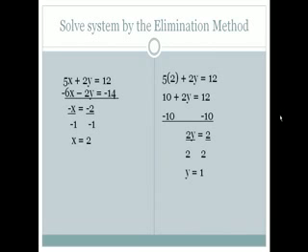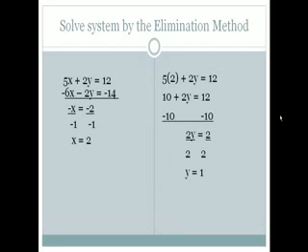We have already solved systems using the graphing method, and when we did that, we learned that a system has 3 possible solutions. We could have a system that intersects in one point, and we would have an ordered pair as our solution. We could have a system, our lines, that do not intersect, and we would have no solution, parallel lines.